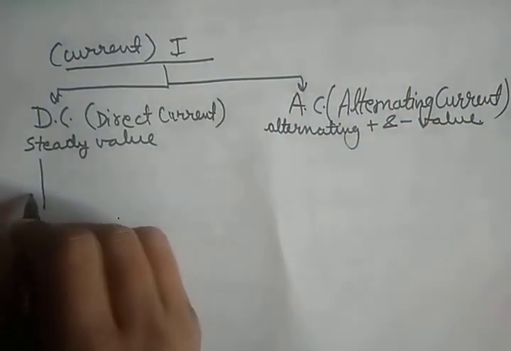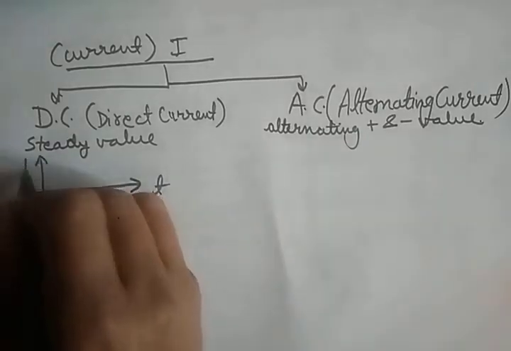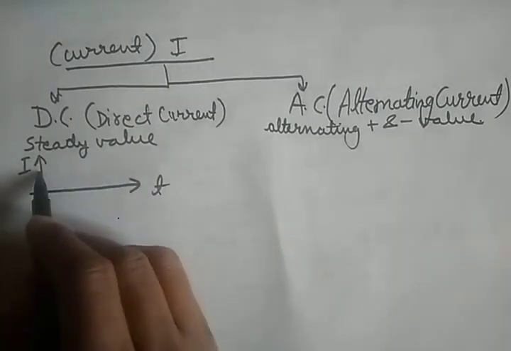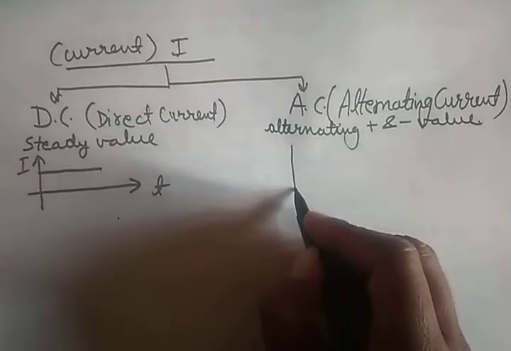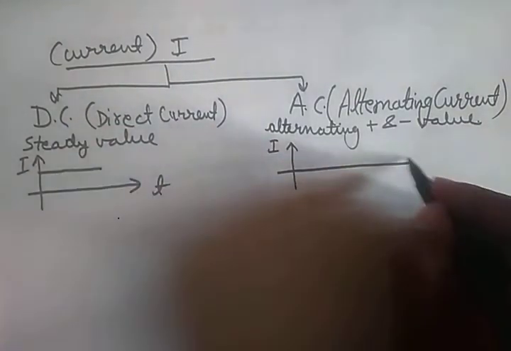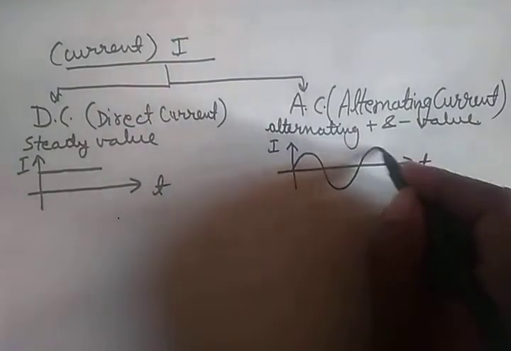Its graph can be shown like this. If with respect to time, if current is in this direction, time is in this direction, so this is its graph. But for alternating means changing, and in positive and negative, so it looks like this.